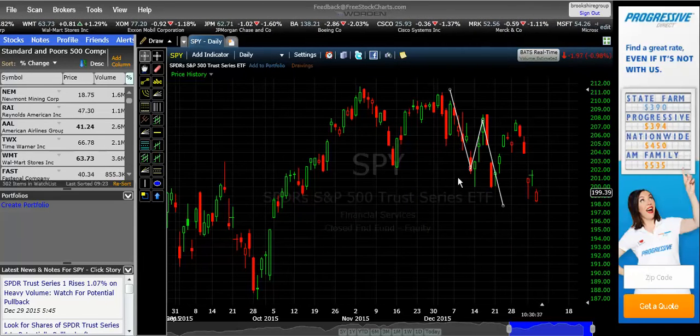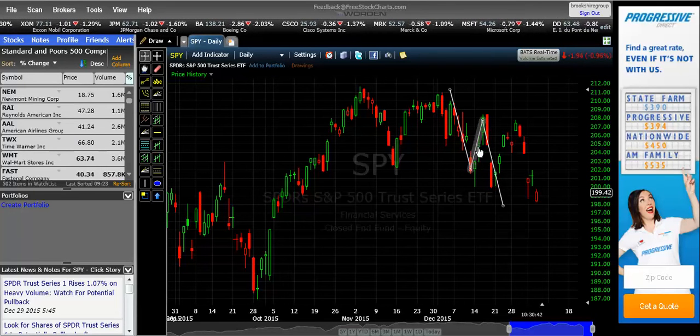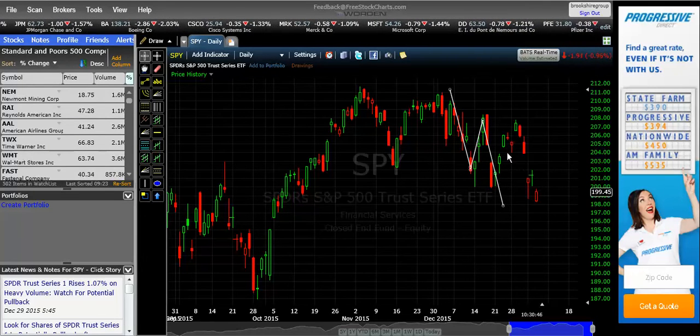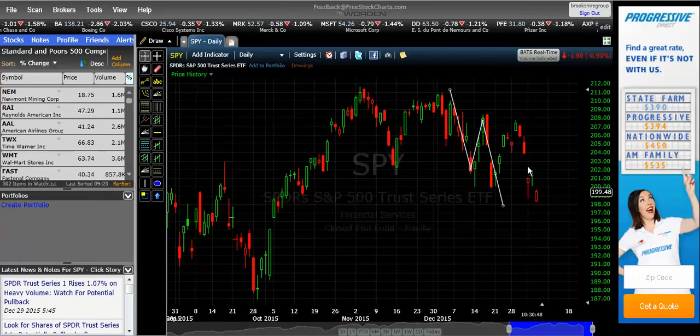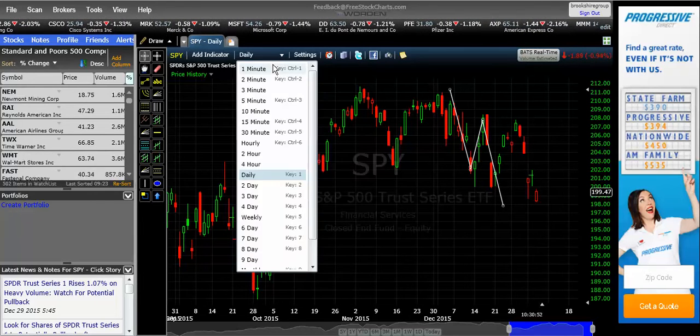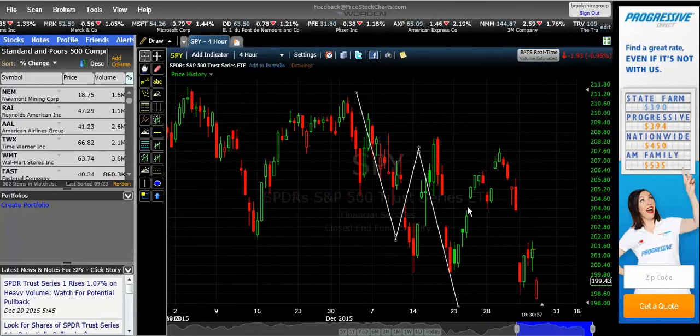Looking at this, same thing, right? Looking at the daily chart, it's down, up, down. That's kind of what you see here. Even though it's a little choppy over here and not very clean, if you go to a smaller time frame, it becomes very clear what you should be doing.